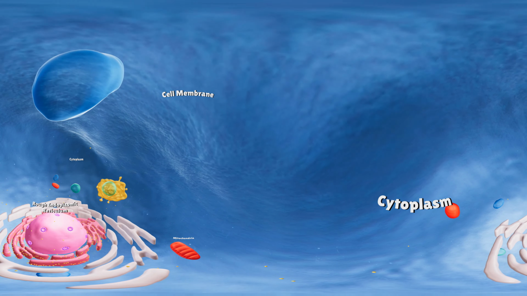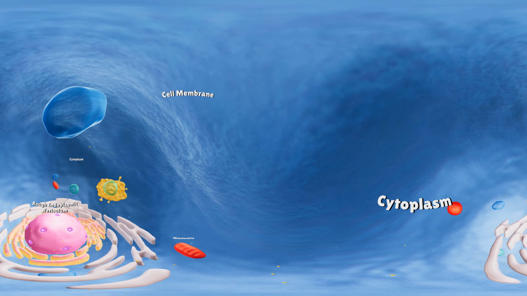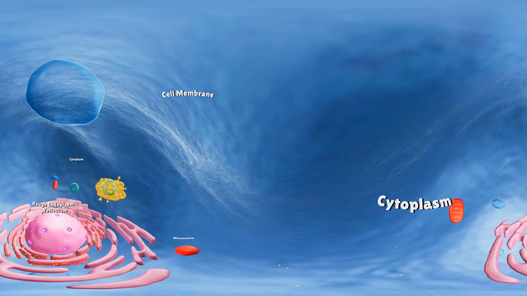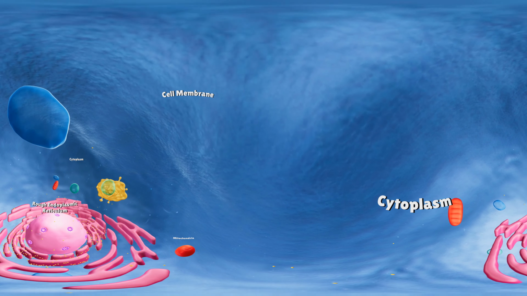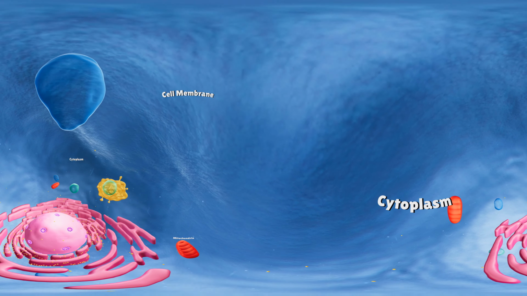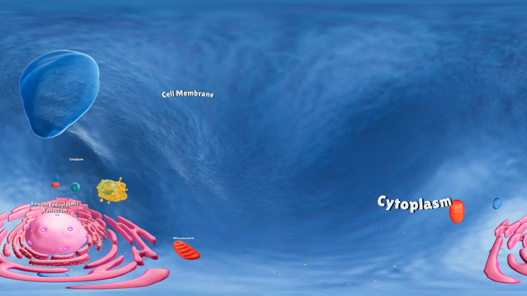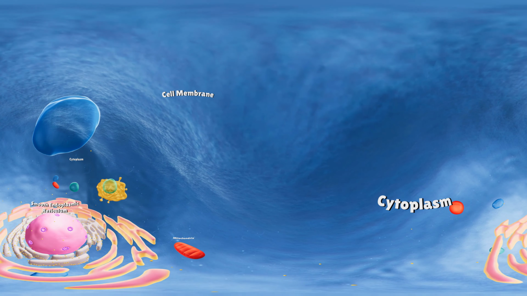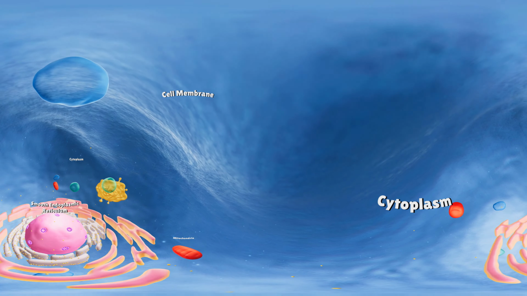Ribosomes are where the protein is synthesized in the cell. Ribosomes are also found freely in the cytoplasm. The smooth endoplasmic reticulum doesn't have any ribosomes attached. It synthesizes lipids.